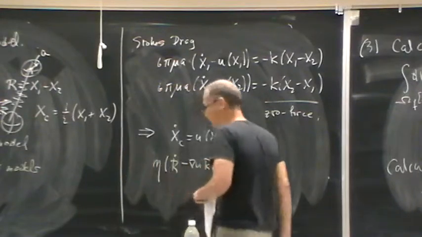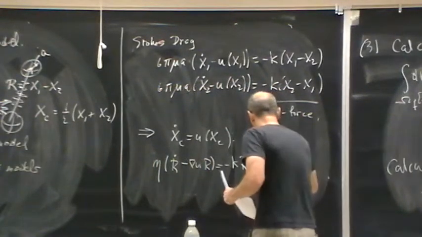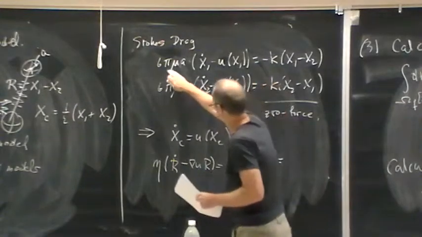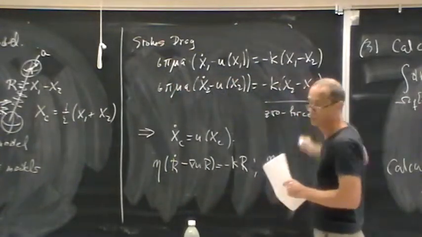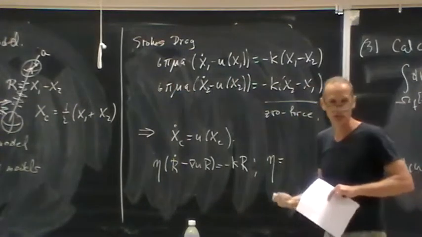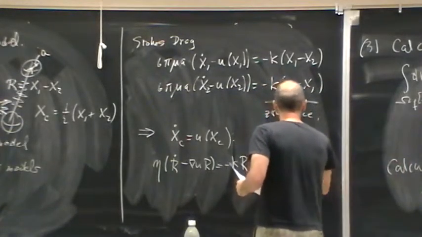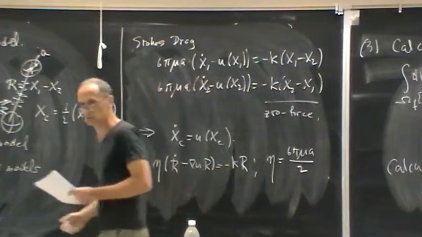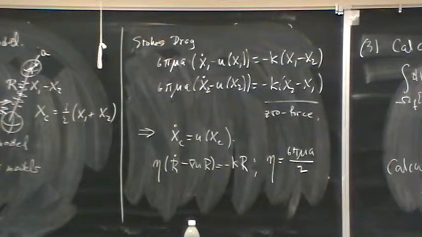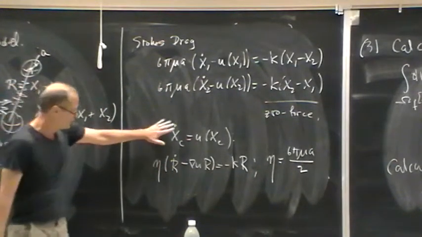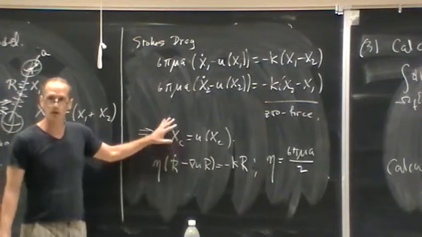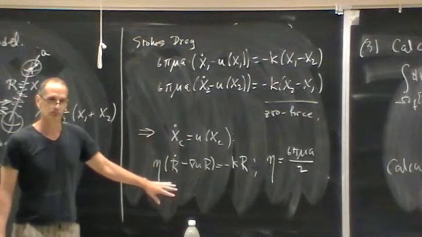That comes from doing this expansion. And here eta is just 6 pi mu a divided by 2, which comes from having taken that difference and picked up a 2k. So 6 pi mu a over 2. Okay. So if you like, this is the evolution of my single particle conformation variables.